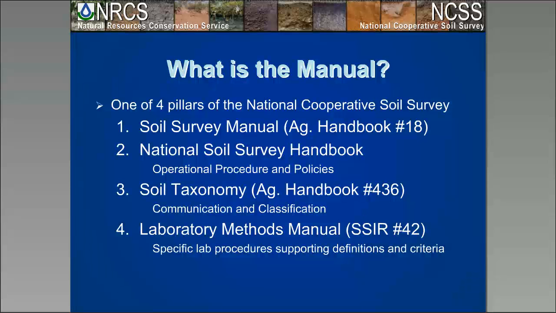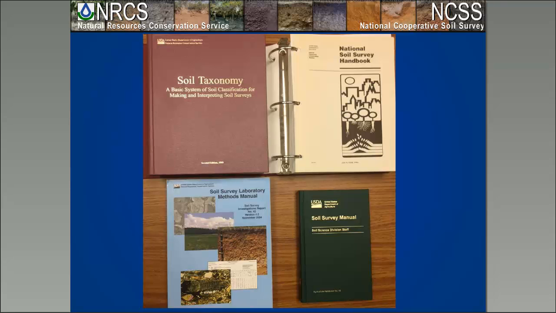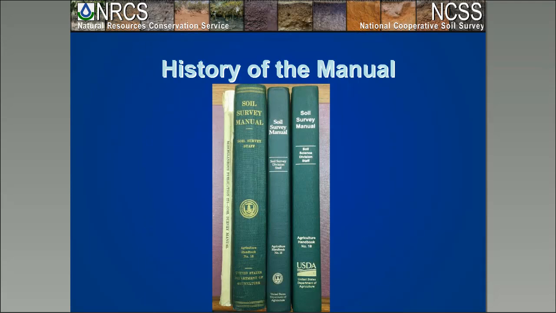And we also have the laboratory manual. So if you're doing base saturation using one method, you may get different results than if you do base saturation using another method. And so here they are, just a picture of the 4 pillars of standards. And what we'll be discussing today is the Soil Survey Manual.